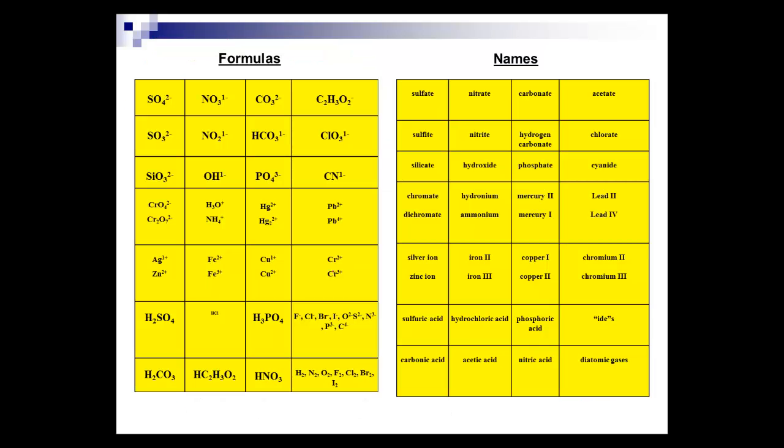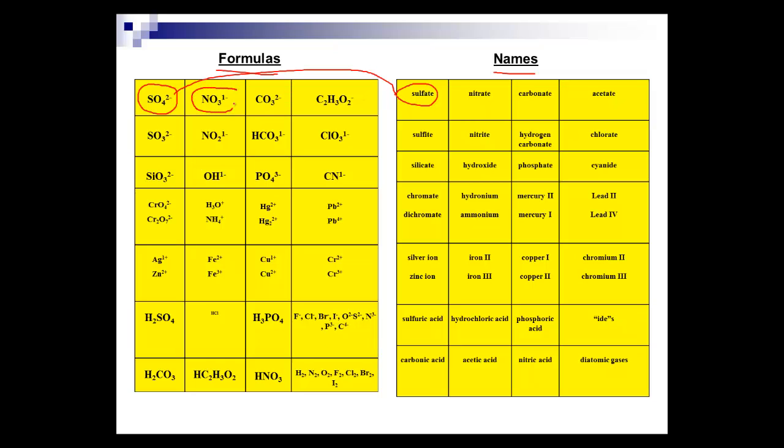I will be giving you 2 pieces of paper that look like these right here. I copied and pasted these into the PowerPoint. So the formulas and the names of some compounds and polyatomic ions that any aspiring chemist knows. The top one up here is SO4 negative 2. We just talked about that. That's called sulfate. And notice that sulfate, by the way, can be spelled with an F or with a PH.